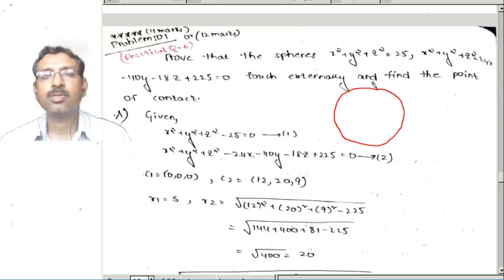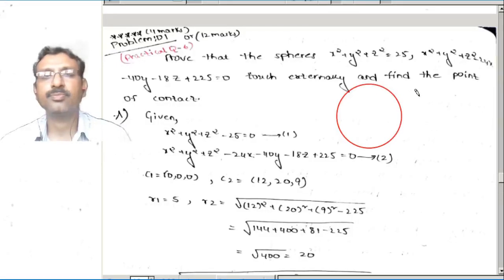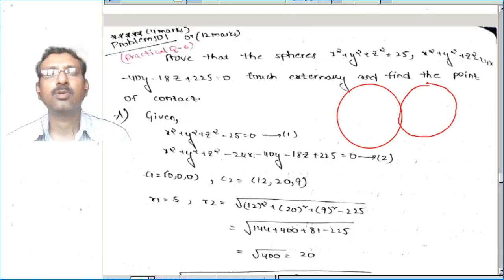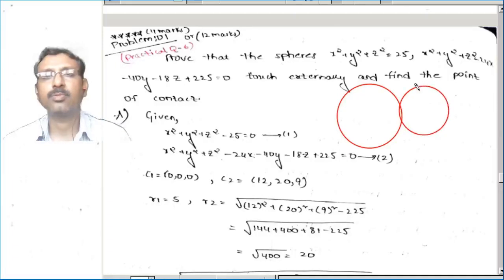This is the first sphere. This is the second one.